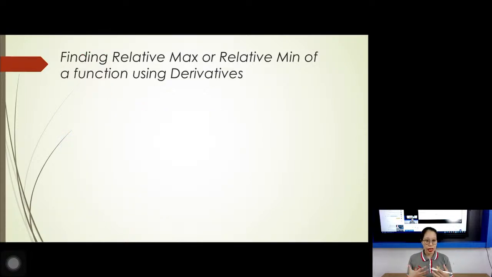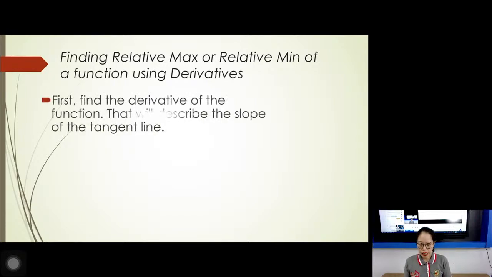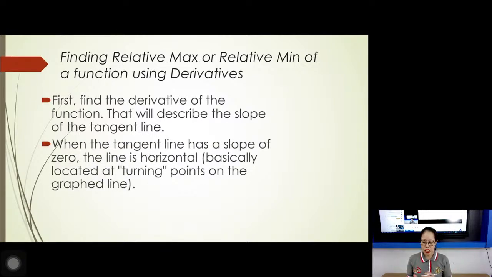Our lesson for today is to find the relative max or relative min of a function using derivatives. First, we find the derivative of the function, which describes the slope of the tangent line. When the tangent line has a slope of 0, the line is horizontal and located at turning points on the graph.